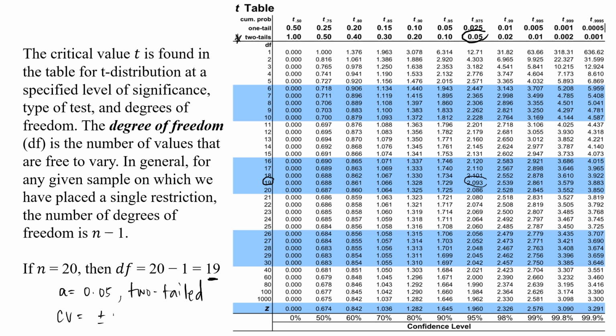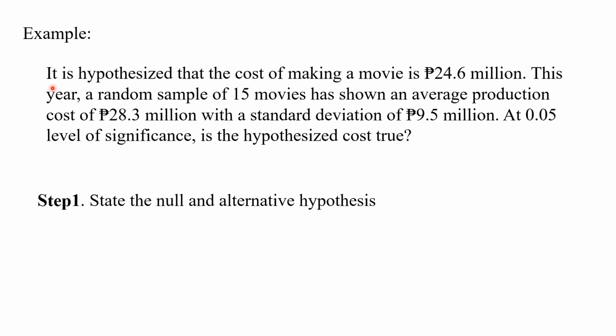So, positive and negative 2.093. So, ito na ngayon yung critical value. So, ganun lang yung paghanap ng ating critical value. Okay, so kapag one-tailed naman, halimbawa, sa one-tailed ka naman titingin. So, ganun lang.